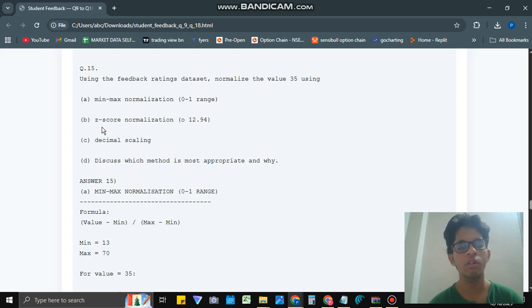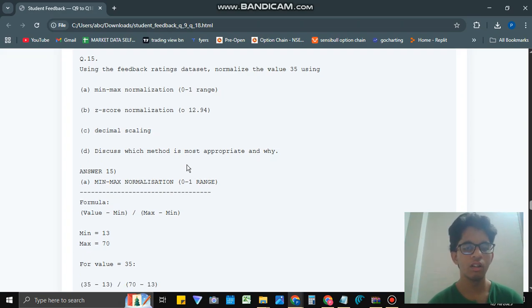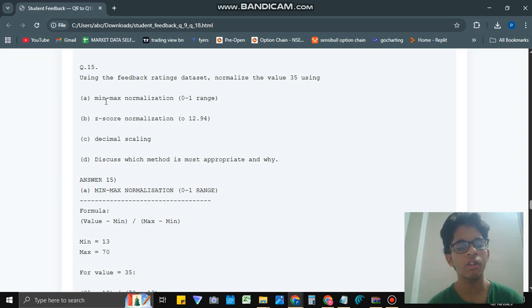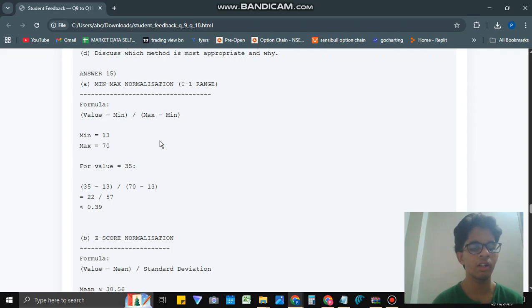Coming on to the next question, which is question number 15. In this also we have to apply the same normalization techniques to the feedback data set that we used earlier.